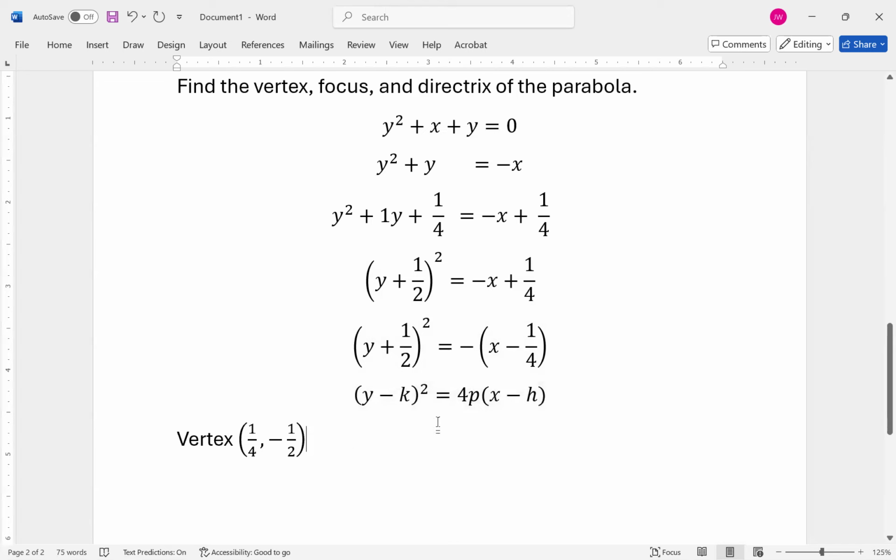Now, I have a negative out here. So it turns out that knowing that I have a negative and knowing that my equation looks like this, I know that a negative p is going to cause my parabola to point left.